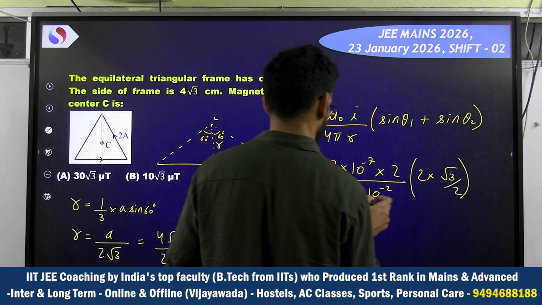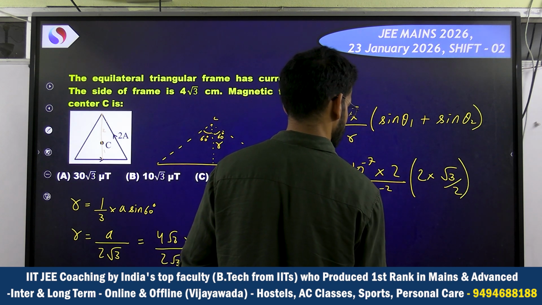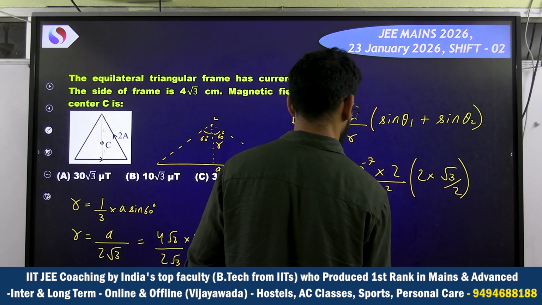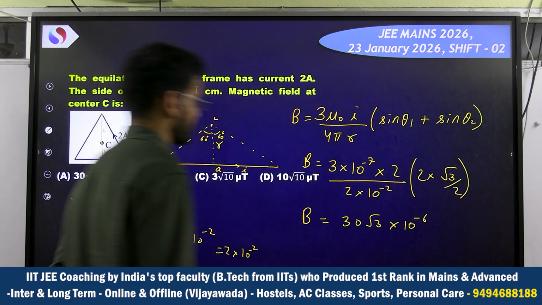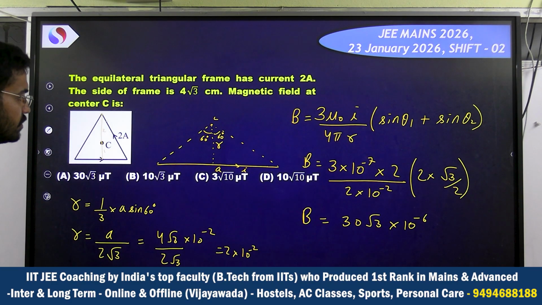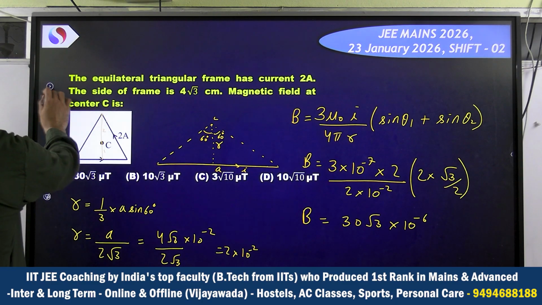So 30 root 3, 10 to the power minus 6, correct? So micro Tesla. So 30 root 3 is the answer, so option A we can tick. Getting the point? No mistake. Correct. Next.